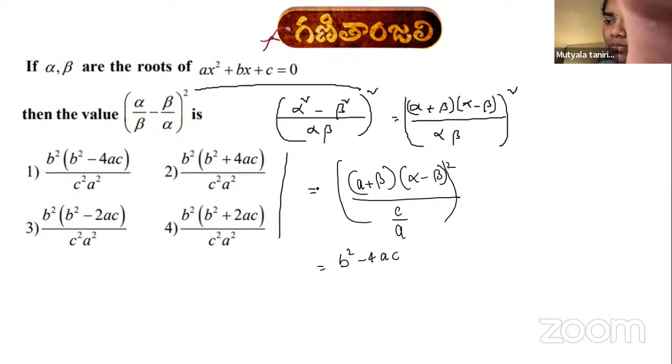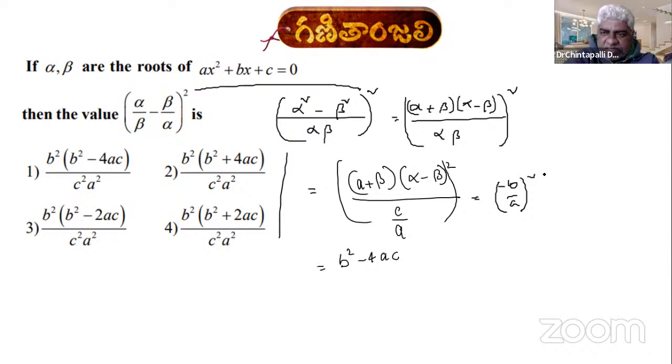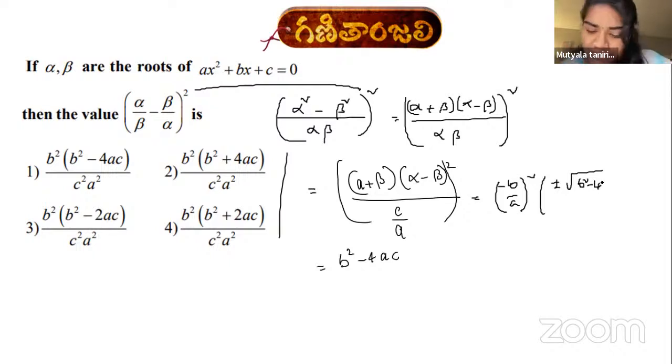Let me help you by writing one point. Alpha plus beta is minus b by a whole square. And for this, plus or minus the square root of b square minus 4ac by mod a, whole square.